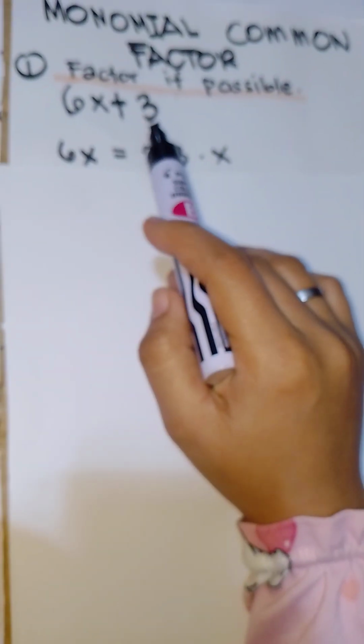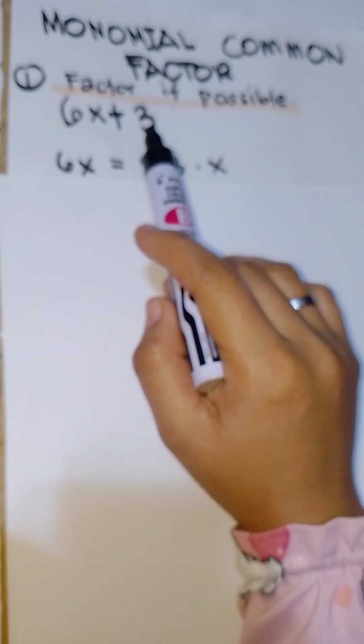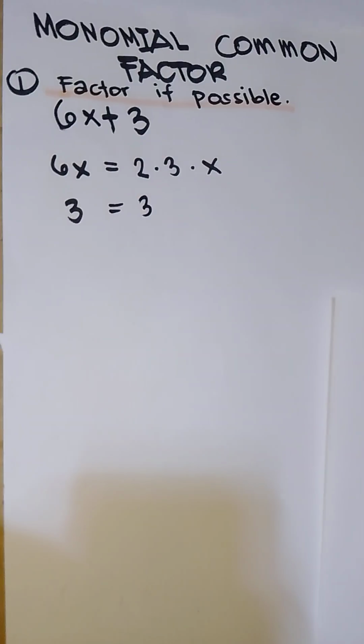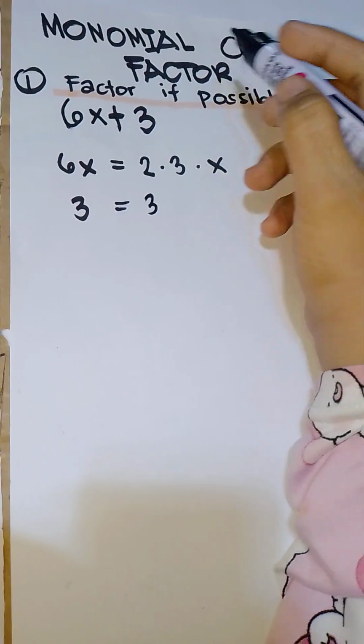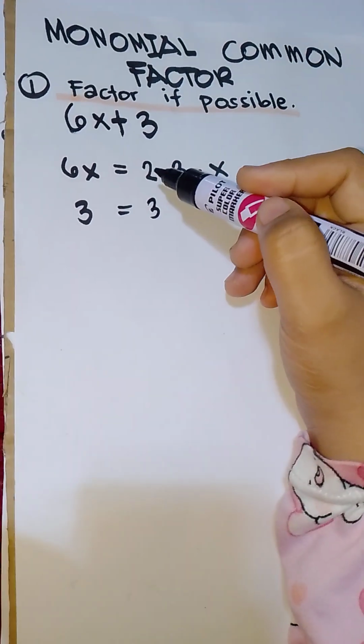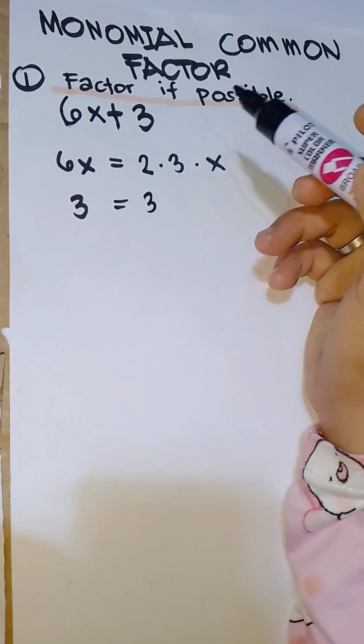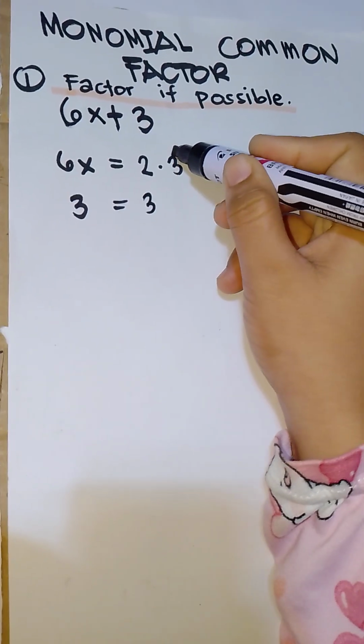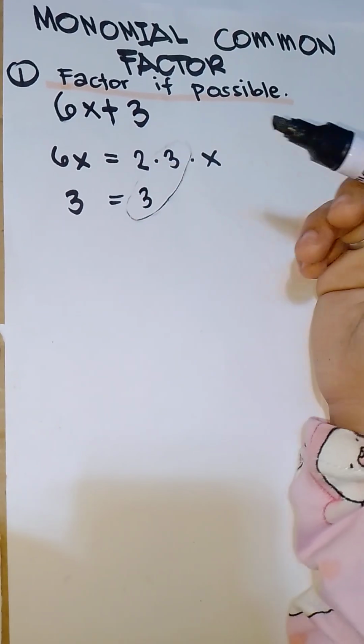For the second term, which is 3, it is already a prime, right? Then for the common factors, we compare the two terms and find the common factor. We can see here it has a common factor of 3.